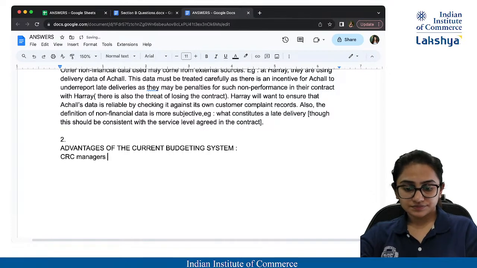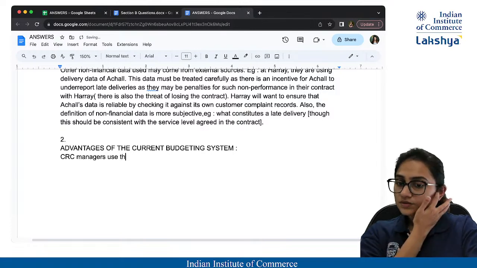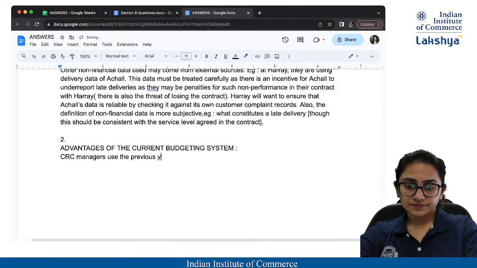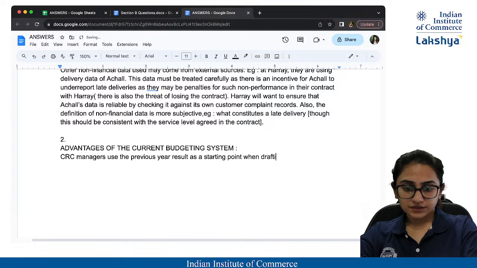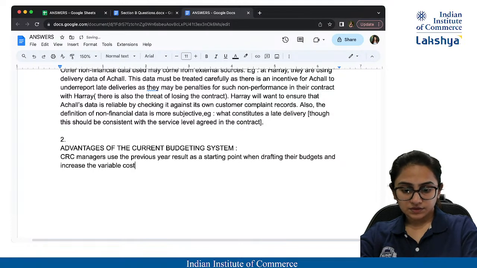CRC managers use the previous year's result as a starting point when drafting their budgets and increase the variable cost according to any anticipated growth in volumes.